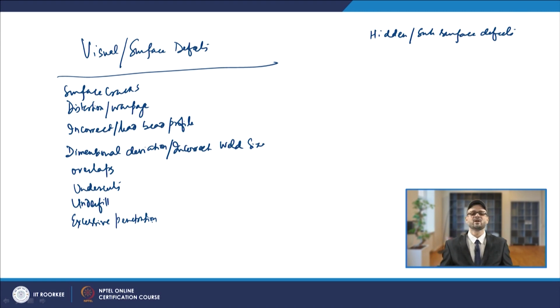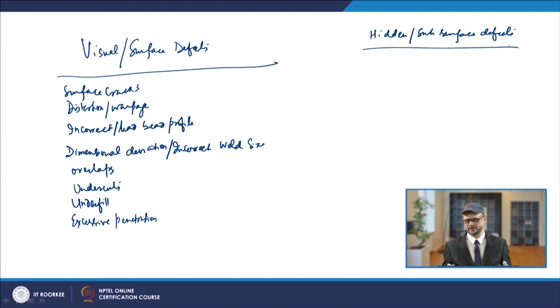You have surface porosity, you have surface oxidation. These are among the visual or surface defects, like surface spatter, which many times creates unevenness on the surface, or the surface finish is basically gone.